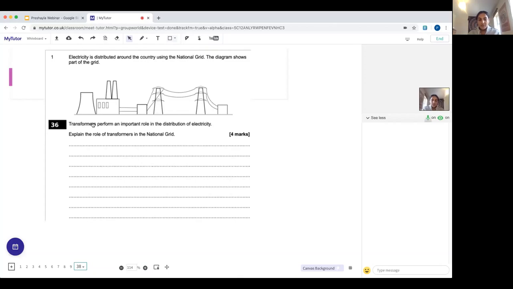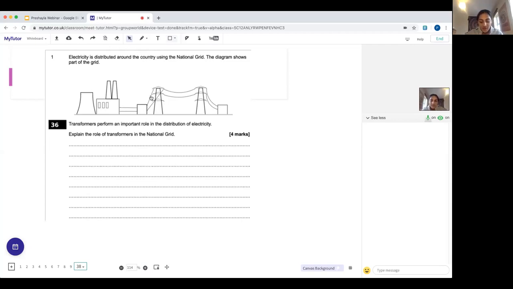Okay, so transformers are really there to amplify the voltage and decrease the voltage. So if you remember, a step-up transformer increases voltage and a step-down transformer decreases voltage. So what the step-up transformer does is take the energy, the electricity, from the power station and amplify it to a much higher voltage.